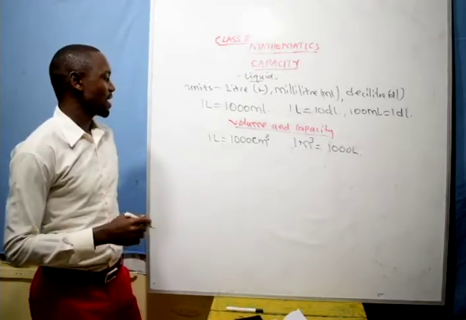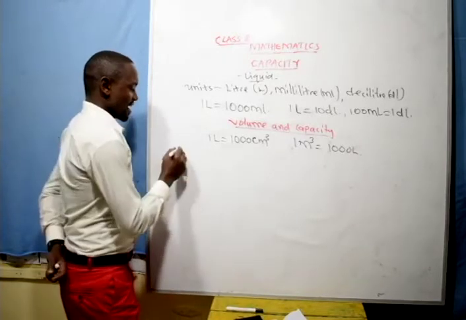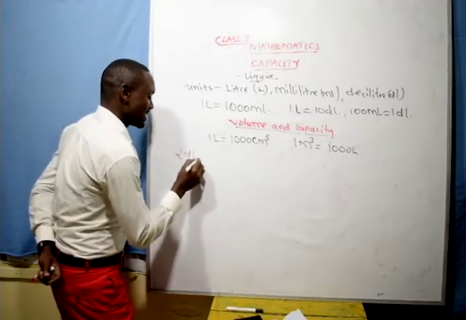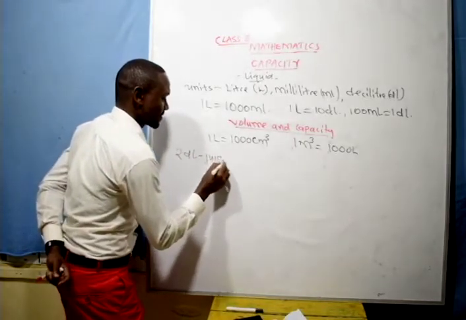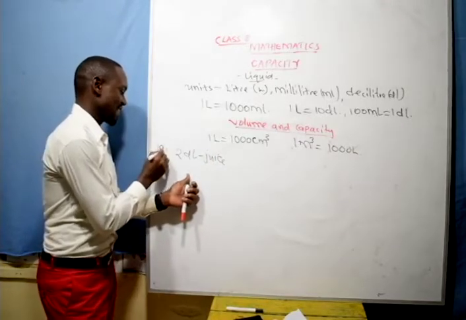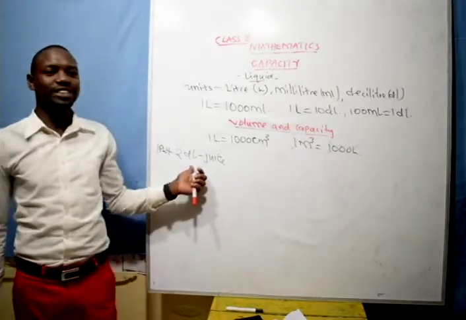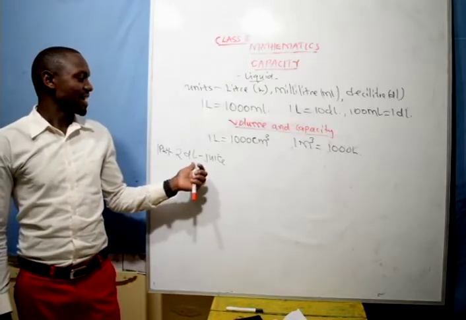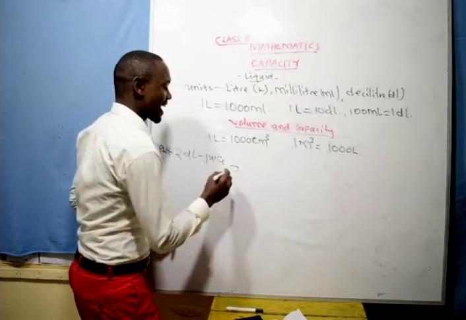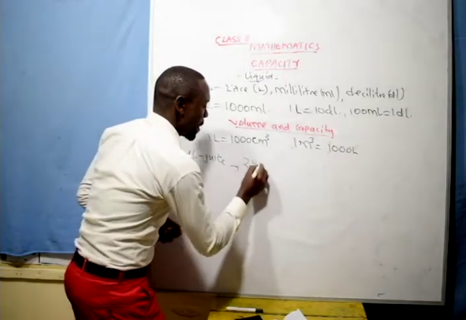Another example. A packet holds 2 deciliters of juice. A class has 24 pupils.